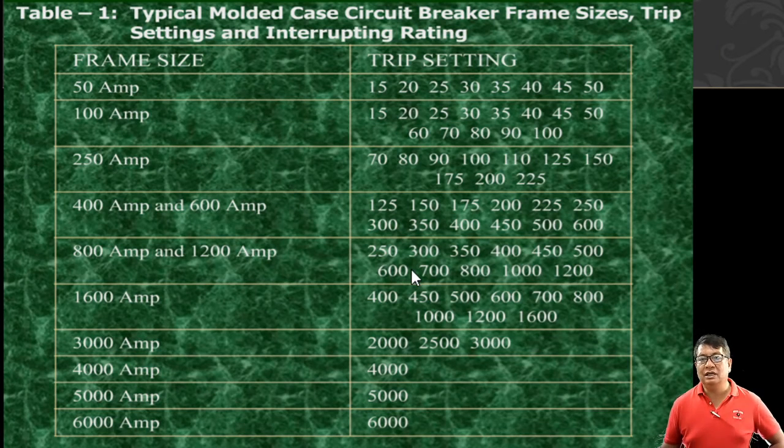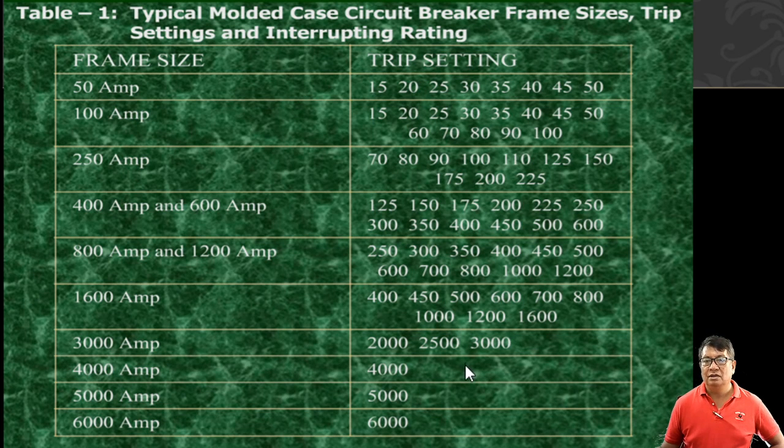Okay, so these are some of the typical molded case circuit breakers na available sa merkado. So try to review this one. This is the frame sizes. Okay, the ampere rating of the frame or the panel board, or the trip setting of the breakers.